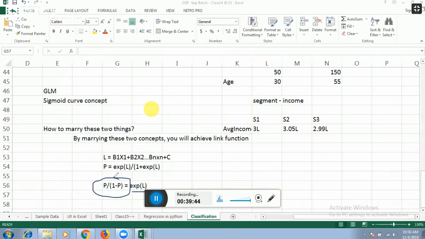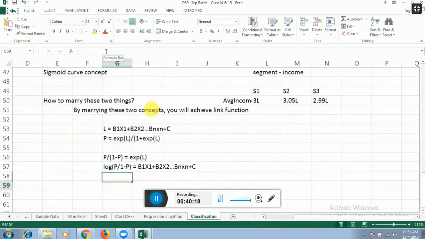Now, if this is the case, log of P by 1 minus P is L. So what is my L in this case? Correct? Yes or no?